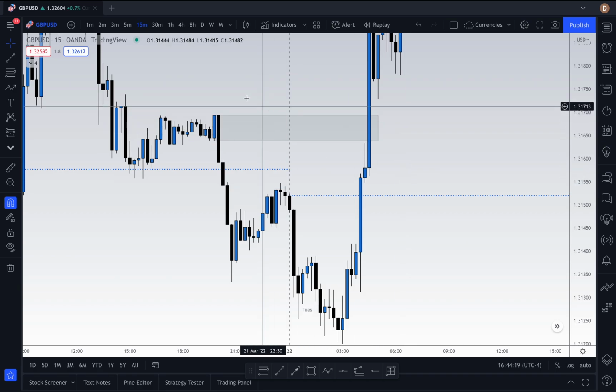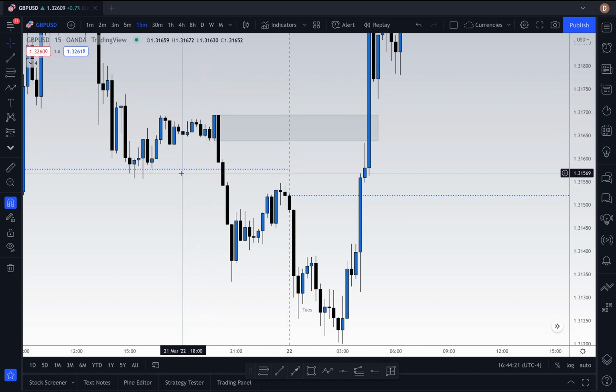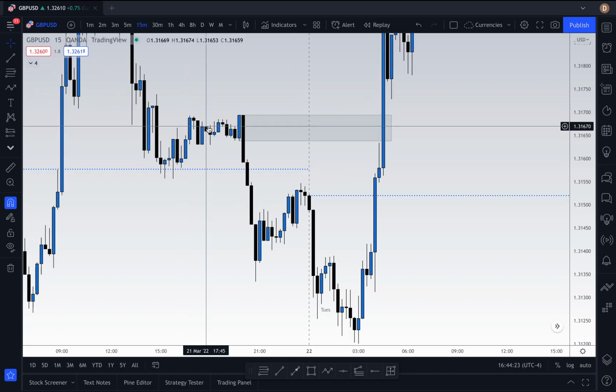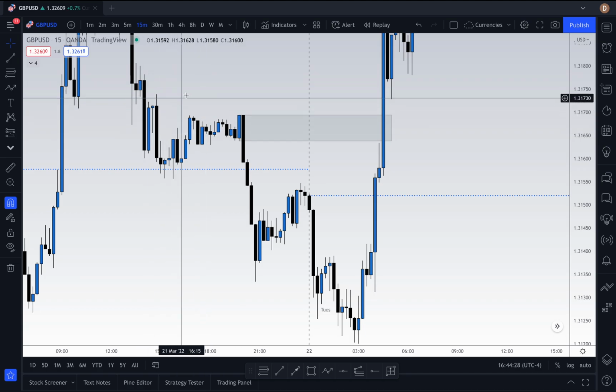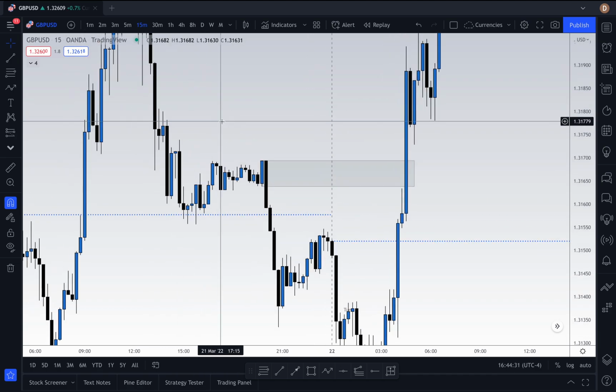Rule number 2 is add additional confluences. From a technical perspective, additional confluences could be anything from the Fibonacci or breaker market structure, or a plethora of other things that you can just add into it. I'm not the type to tell you to trade one way or the other, I can only give recommendations, but start adding additional confluences, not just executing a trade based off of seeing a last up candle or a last down candle, right?